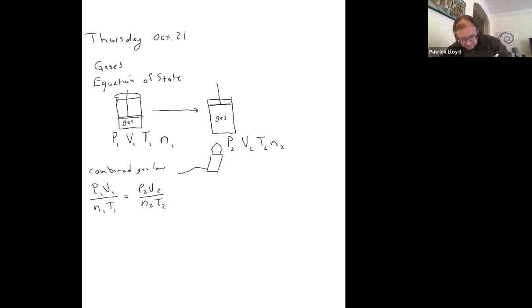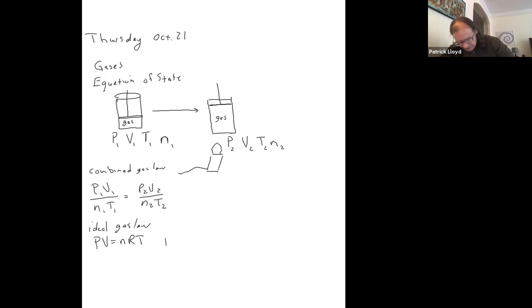And another one, which is related, is called the ideal gas law. That one is PV equals nRT. So notice the form of this one is different, right? Instead of having initial and final, we just have the pressure, the volume, the moles, and the temperature.